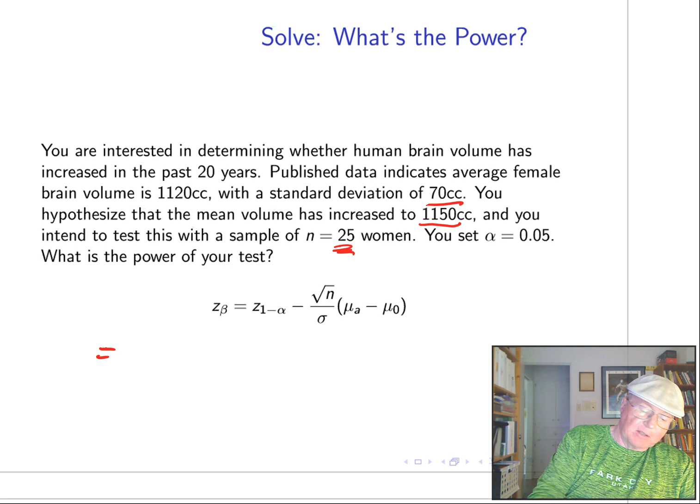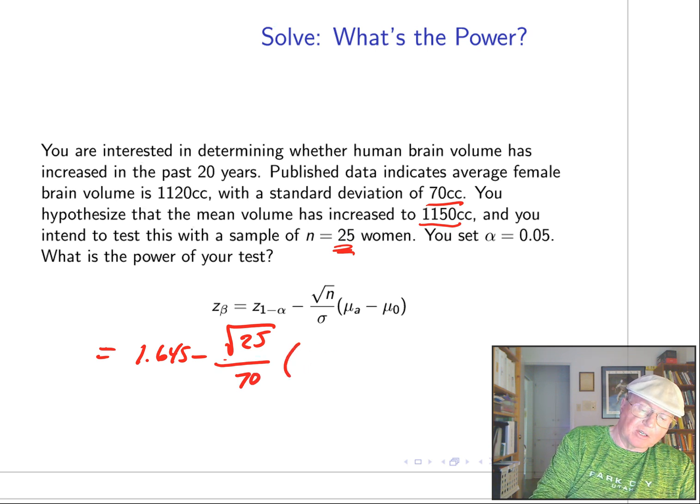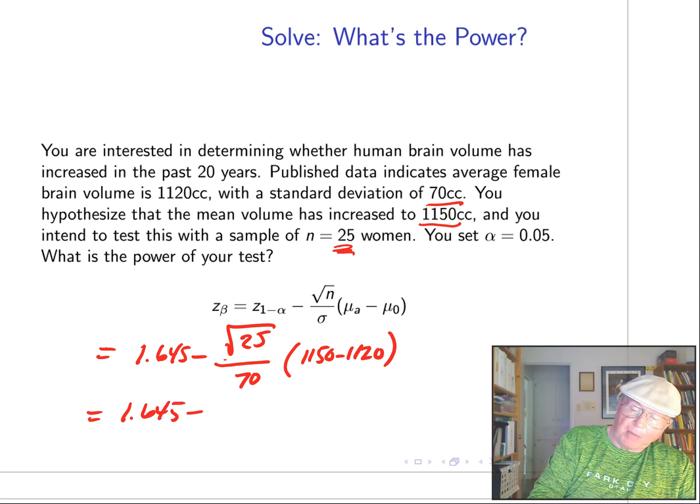Z beta, well, I'm setting alpha at 5%, so 1.645 minus the square root of n, so square root of 25, divided by sigma, which is 70, times the alternative minus the null, 1150 minus 1120. So 1.645 minus 5 over 70 times 30.